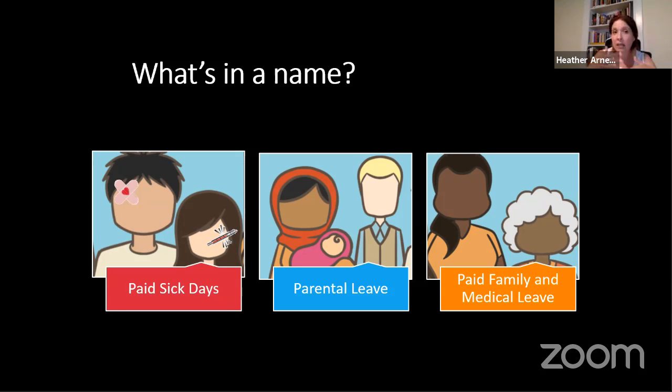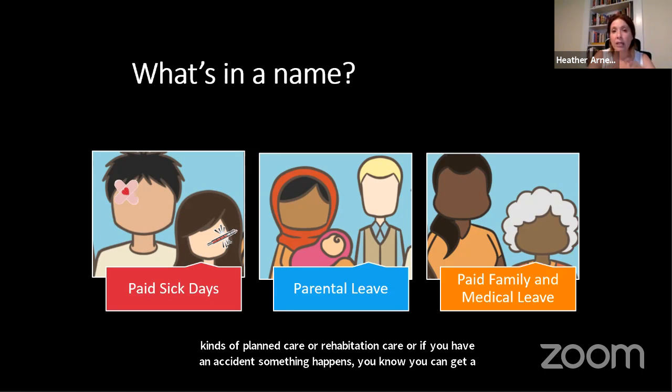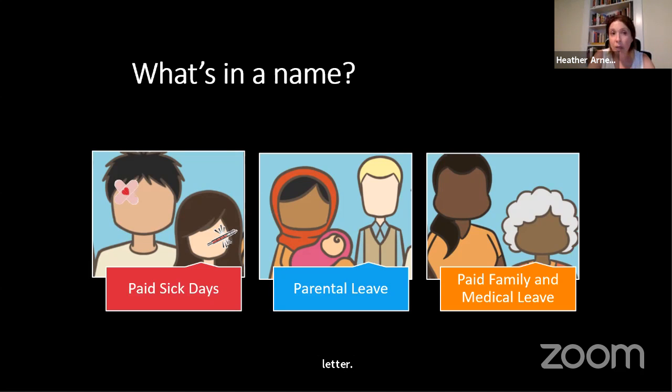Or if you're in an accident, or if something happens with your own health and you know that you will need more time off, you can get a doctor's letter around that, but it's longer periods of time. We'll talk about the amount of time, but you'll hear in our bill that there's up to 12 weeks, 20 weeks of available leave versus a couple of days. So that's the difference there.